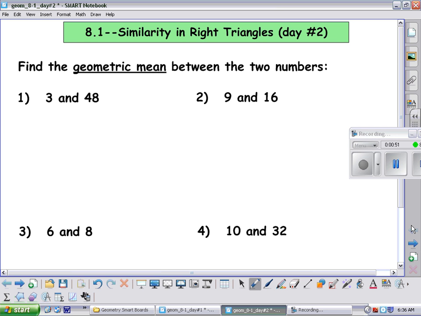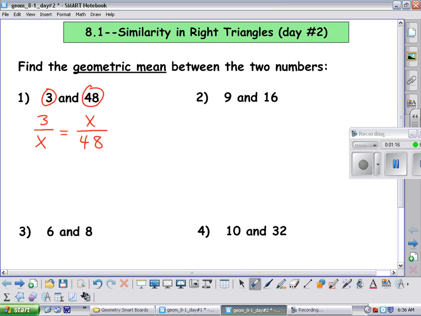So we're going to say, well, 3 is the smallest number we have, and 48 is the largest number we have. When they give you that setting, they're giving you the smallest and largest numbers. And basically, the same number is in the middle. We talked about 3 and 48 being the extremes.